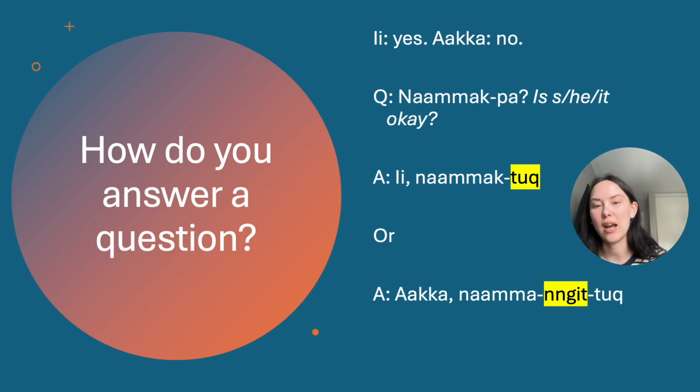So notice how namak ends in a K. Ngit is going to erase that. So instead of namak ngitok, which is really hard to say, it doesn't really flow well, we just get rid of the K and it's namangitok. So we're just fitting it in between that root word namak and the ending tok. Namangitok. No, he or she is not okay.